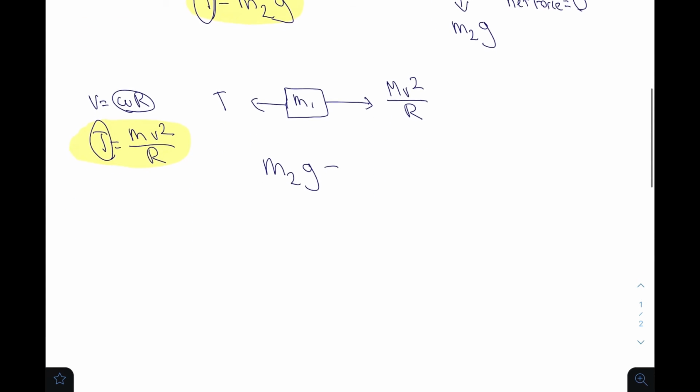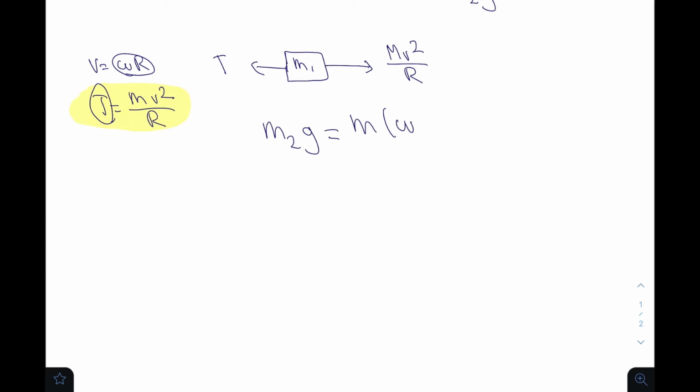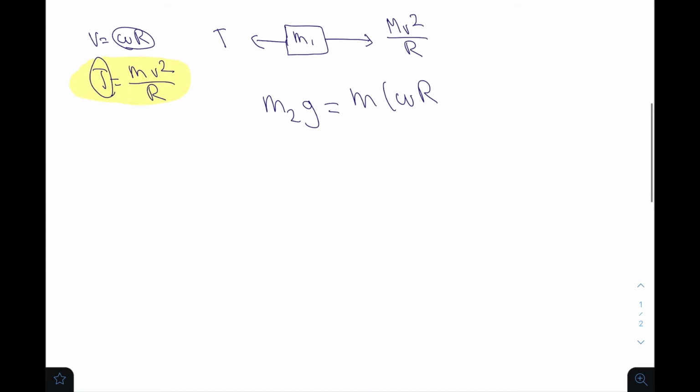Mass 2 times gravity is equal to m1 times angular velocity times radius squared over r. Now we can do some more simplification. What we're trying to find is the angular velocity required.